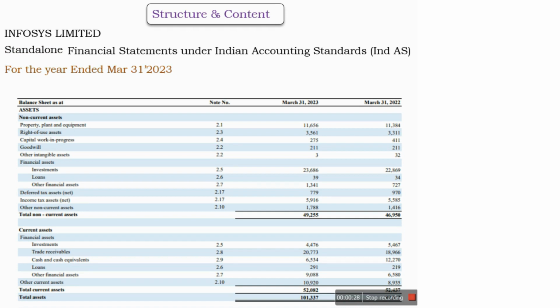Apart from it, it will present the currency in which financial statements are prepared and the level of rounding used in presenting the amounts. So all these things will be part of the structure and content.